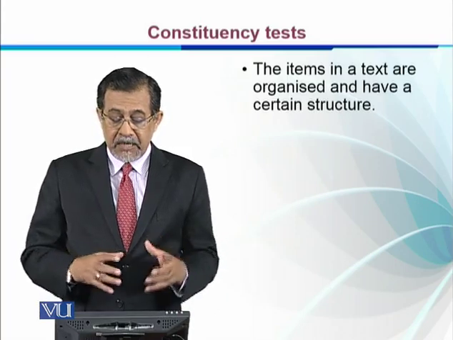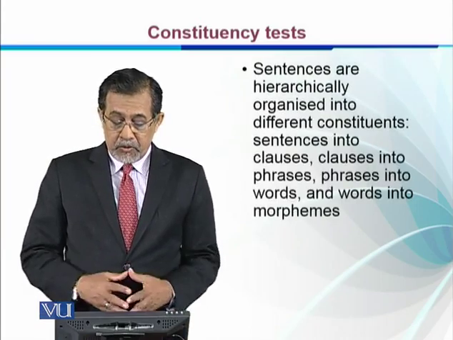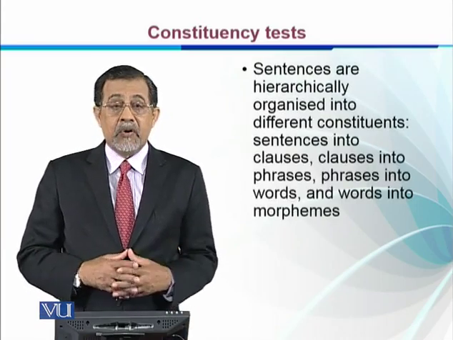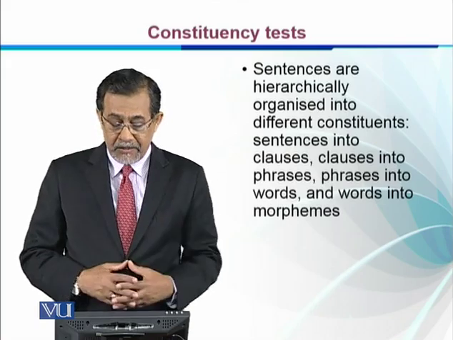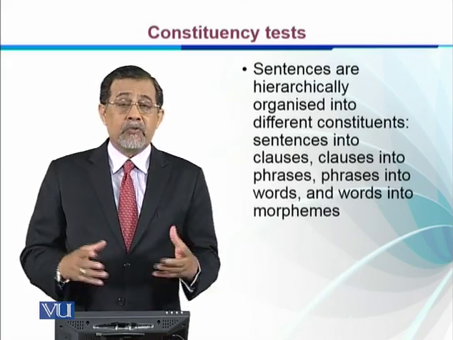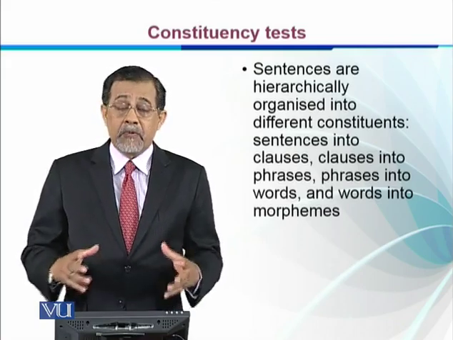The items in a text are organized and have a certain structure. So sentences are hierarchically organized: word, phrase, clause and sentence into different constituents, sentences into clauses, clauses into words, and words into morphemes.